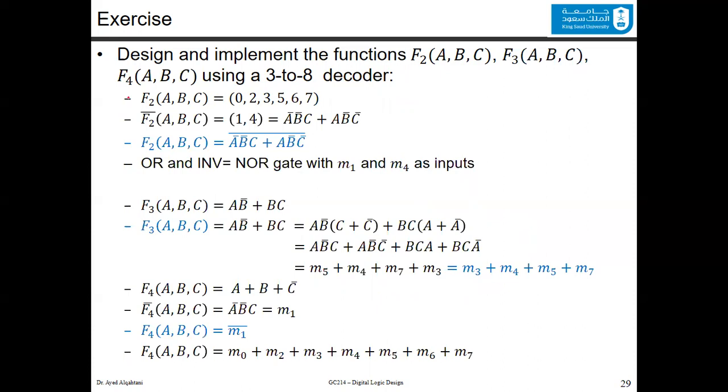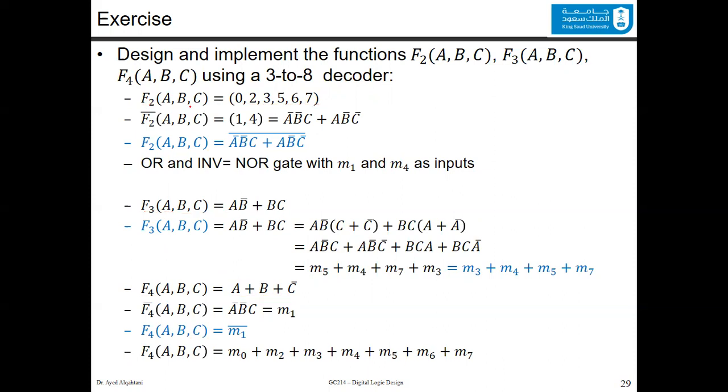F2 was given to you, and F3 and F4 are also given to you.